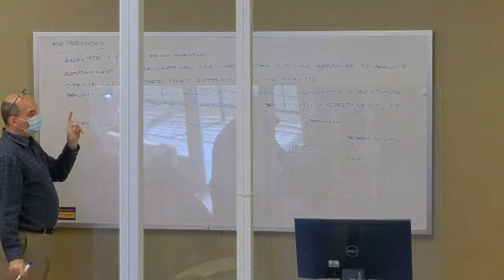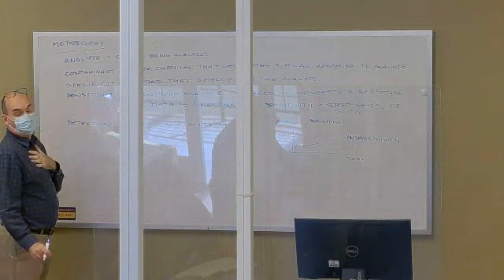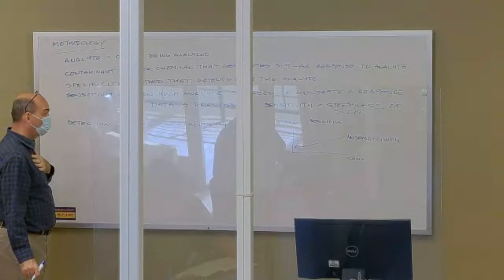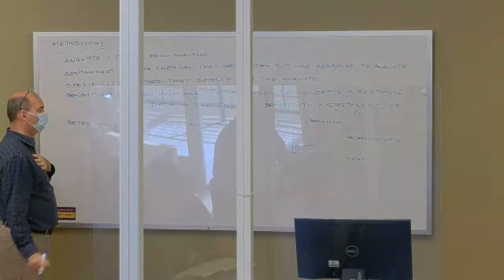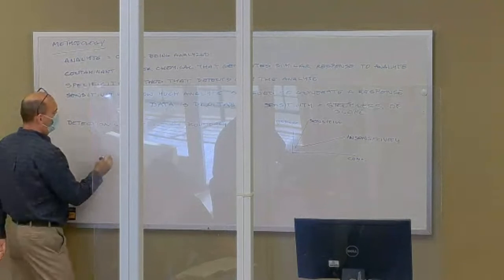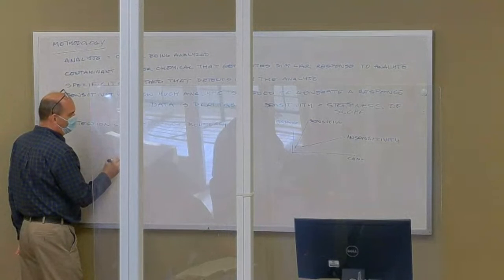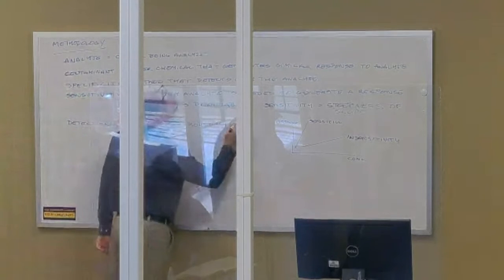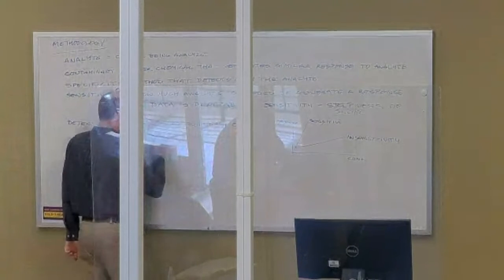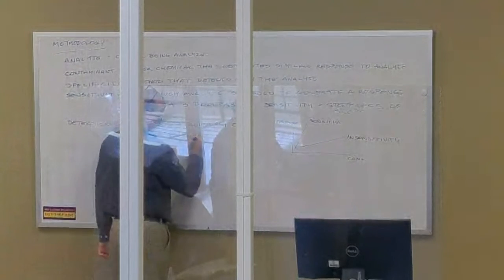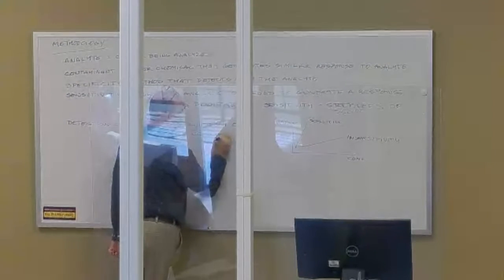Response versus concentration is the slope, the steepness of the slope. Our detection limit, this makes sense because, is the lower boundary of analyte concentration.